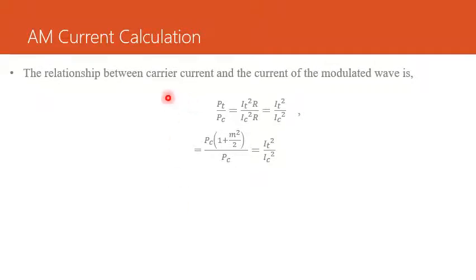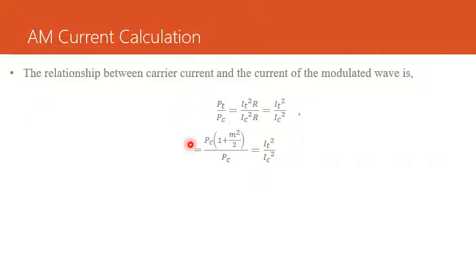The relationship between the carrier current and the current of the modulated wave is given by PT, the total transmitted power, divided by the carrier power, is equal to IT square into R divided by IC square into R. In any electrical circuit, the power can be found as I square into R. Both the R, which is the load resistance, got cancelled. So PT by Pc is equal to IT square divided by IC square.